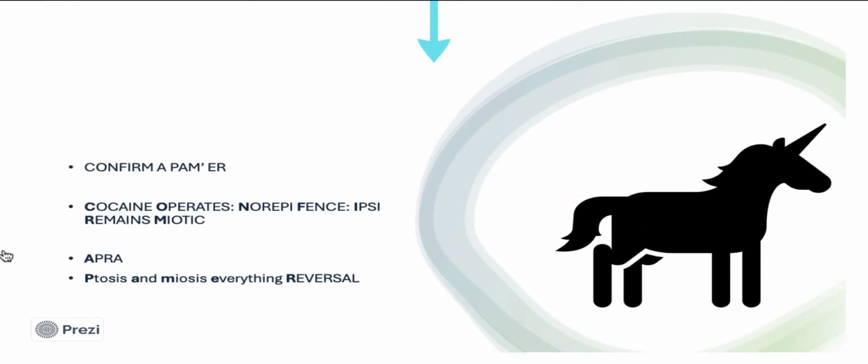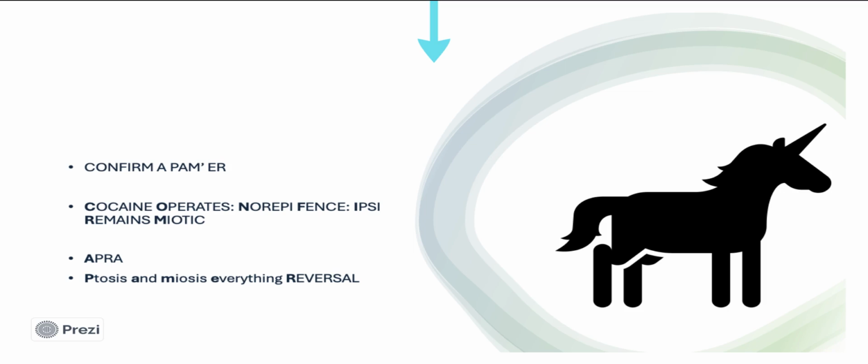So here, I'm just going to pause for a second, and this is the mnemonic for you. So think about the mnemonic. We're trying to confirm. It's confirming that it is Horner's indeed. And the way that we confirm it is we use apraclonidine or cocaine, or we don't use them at the same time. And this mnemonic will help you remember that.